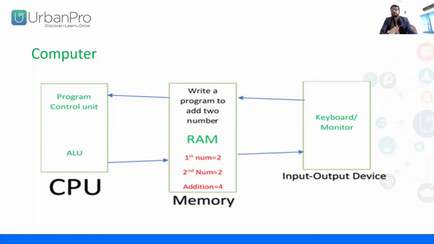Next, the central processing unit calculates it: 4. So now you will think the human brain is much faster, isn't it? Yes, of course, the human brain is much faster than a computer for small calculations.